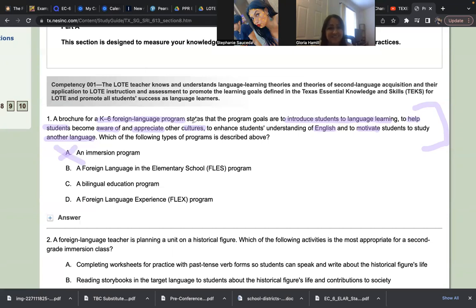Right. So there is some introduction to language learning, and then introducing them to different cultures to appreciate them. So do you think this is a bilingual education program? No, it's not. They're not teaching both. It's not a dual language. It's not bilingual. It's not any of that.